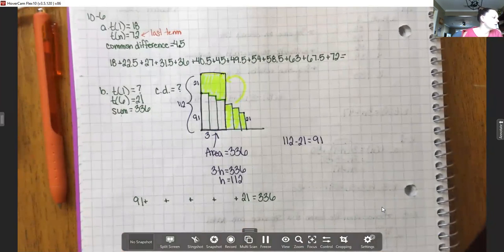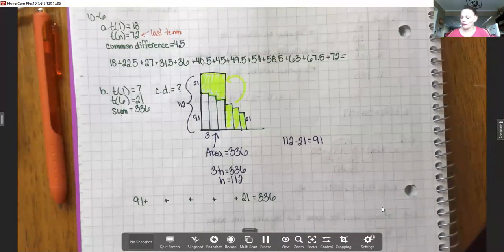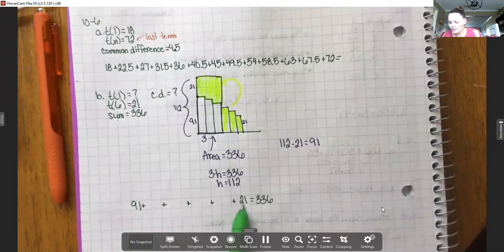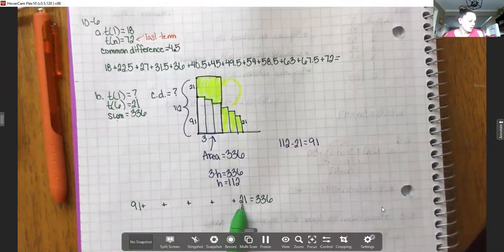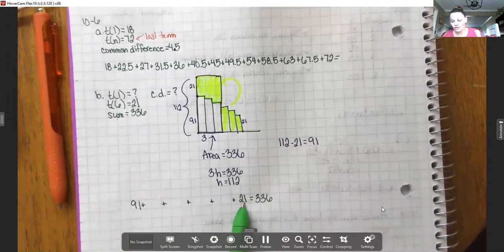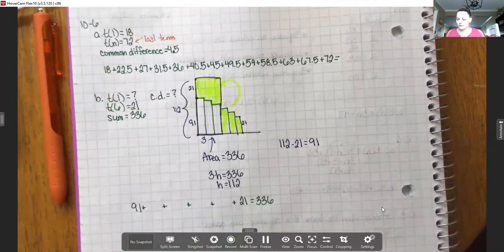So we need to figure out what it's growing by. So from 91 to 21, this first stair is 91. This sixth stair is 21, right?